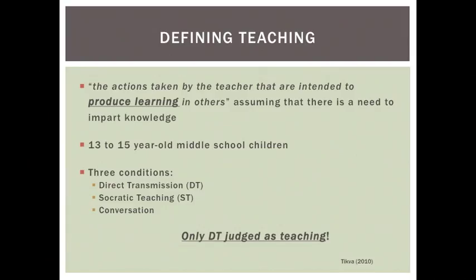There were 3 conditions: direct transmission, which is very similar to traditional lecturing. It means that the direction of the teaching is mainly from teacher to student. There's rather passive student engagement. The student is mostly a listener.